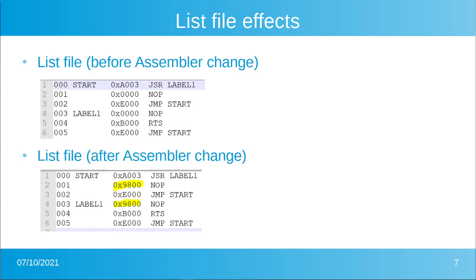Before, the NoOp was a 0x000, now it's a 9800 hex. So it did that implementation. That was a pretty easy change, a single line of the assembler to add a pseudo-op, or several lines to say if it's a NoOp, do that. Well, in this case that was already there, it just changes the encoding. So good change and worth doing.